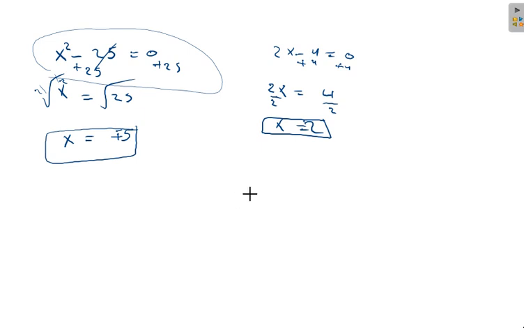Or it can be quadratic. For example, 2x squared minus 4x equals 0, where the constant is 0 here.